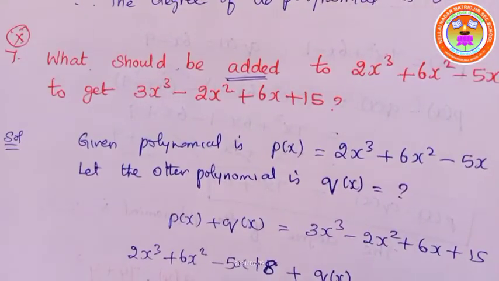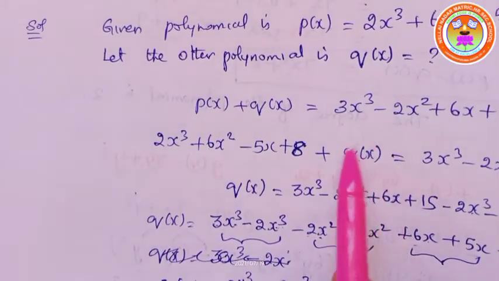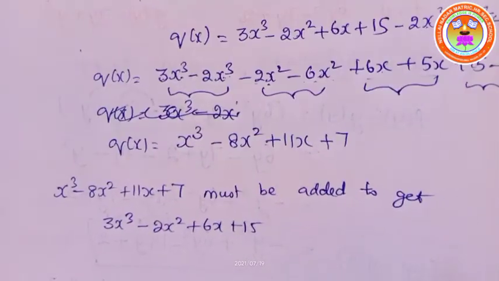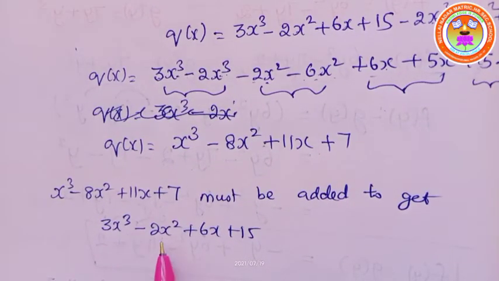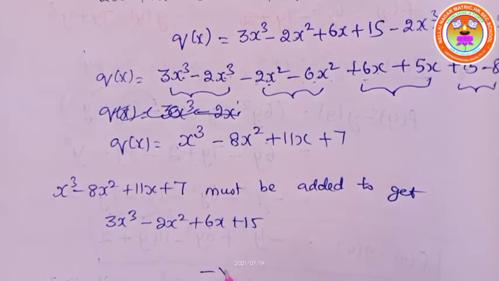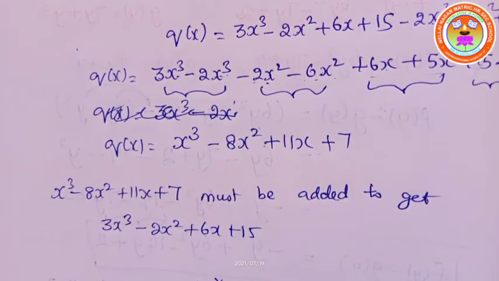It's clear, students? So this is the question: we have considered p of x, the added one is q of x, you have found q of x, so this must be added to get 3x cube minus 2x squared plus 6x plus 15. It's clear, students? By this we have completed question number 7.